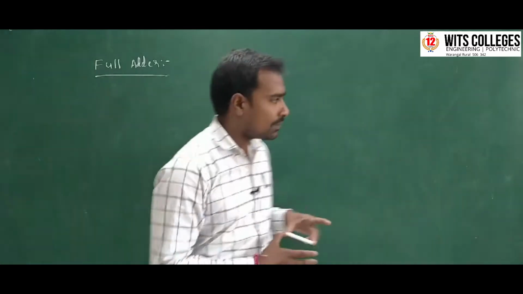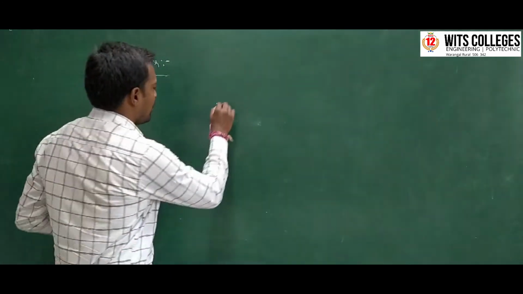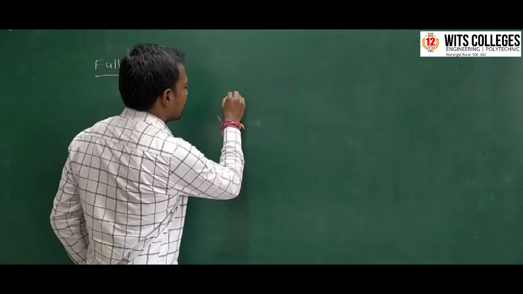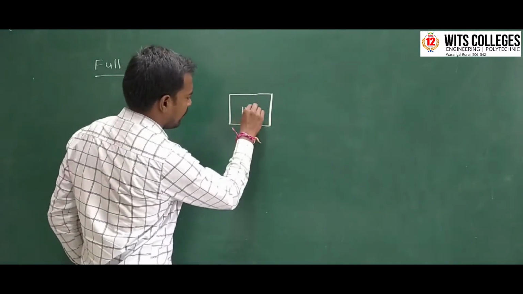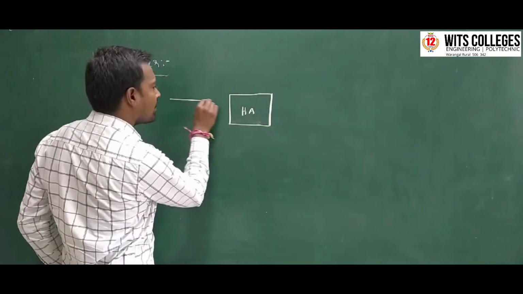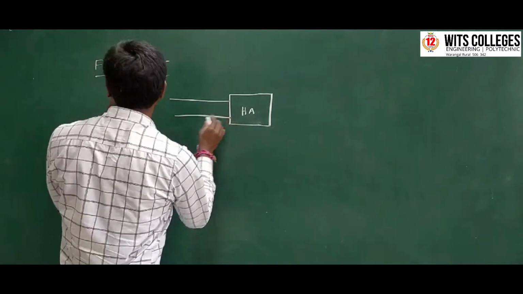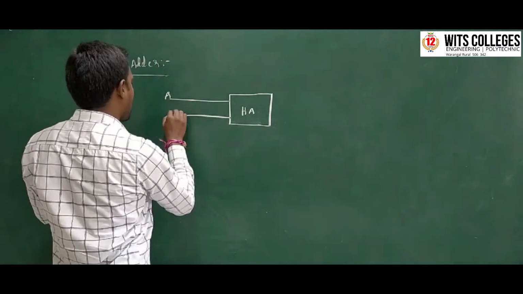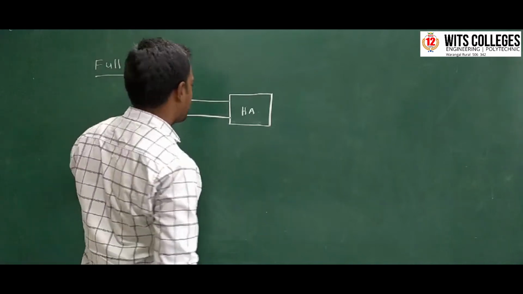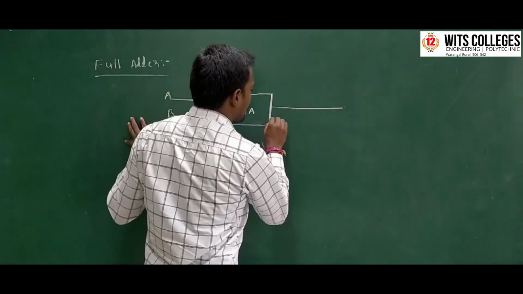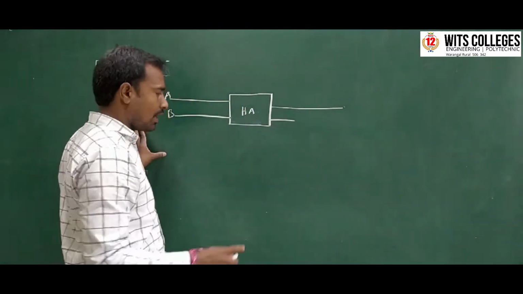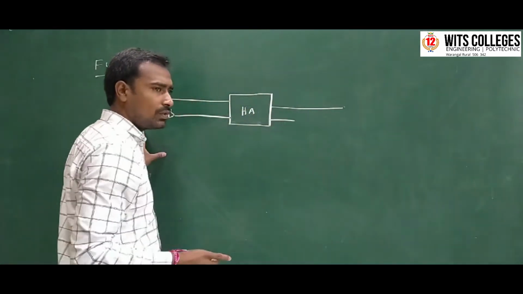So see, here I am using one half adder circuit, and here I am giving both inputs, A and B. Here we will get two outputs. The half adder circuit gives only two outputs.